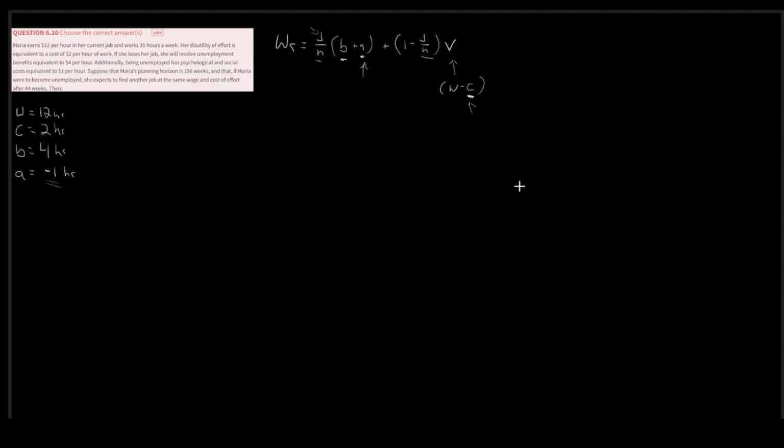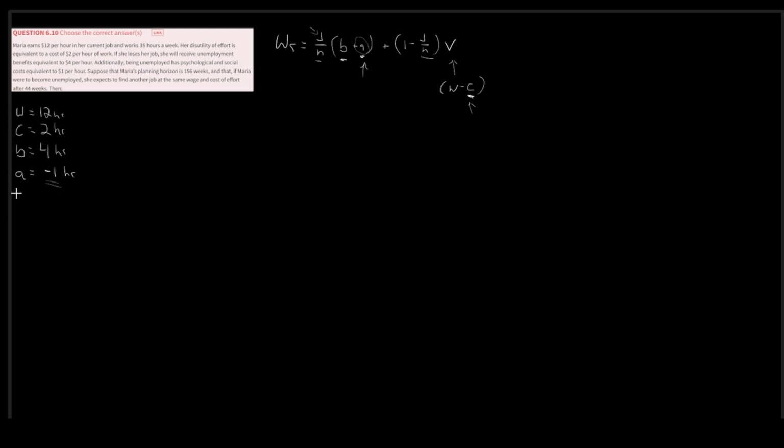So in fact, if we were to be getting benefits from working, that is, every hour we work gives us extra implicit benefits, that would be a negative cost. And so we would put in C as negative if it was a benefit. So implicit in this functional form is that being unemployed has a positive utility, working has a negative utility. And if it ever flips from that, we need to flip the sign accordingly.